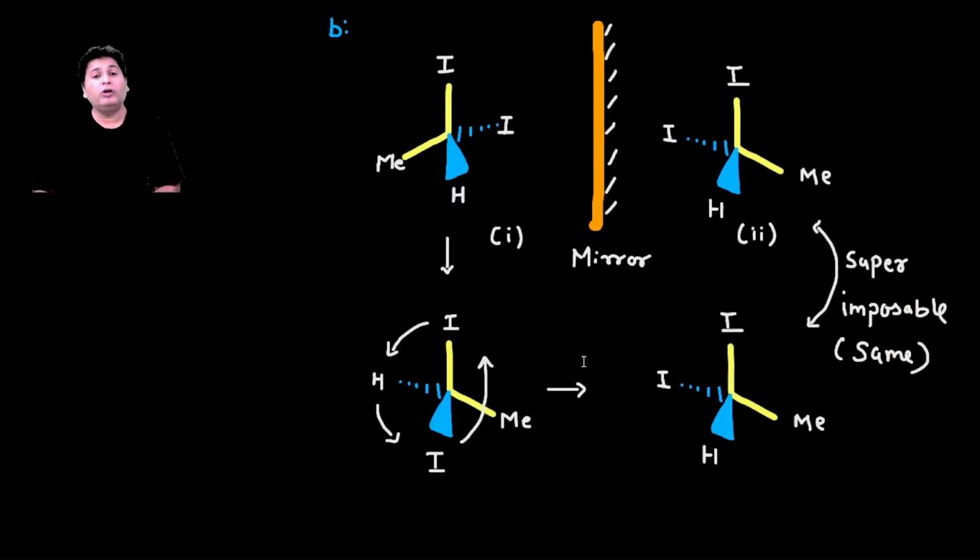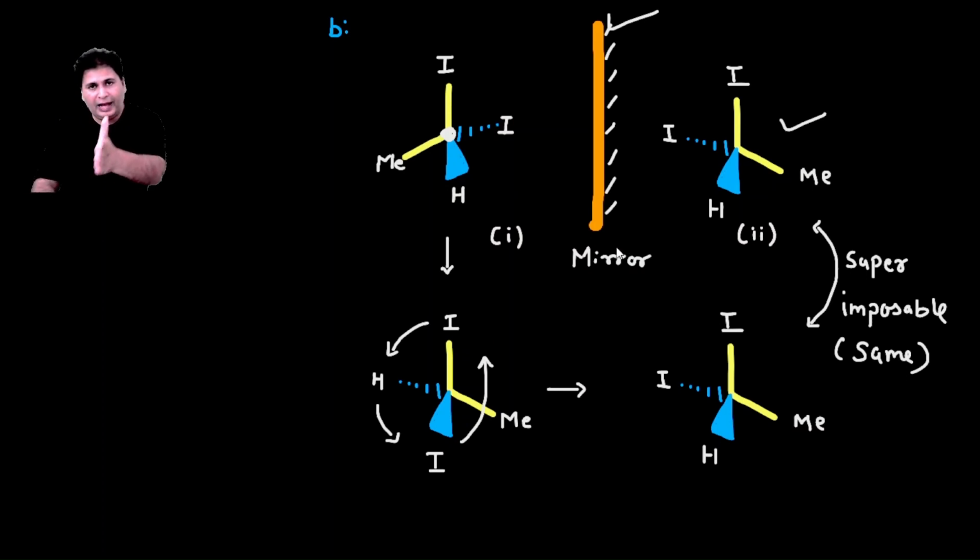Now coming on to the question, part B, the compound B in my question. As you can see, again there is a carbon with four bonds. In order to check the chirality, as I have already told you, you should take the mirror image of this compound, and then try to superimpose the two on each other.